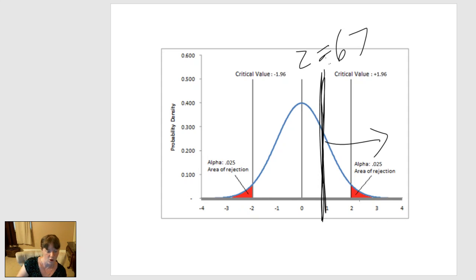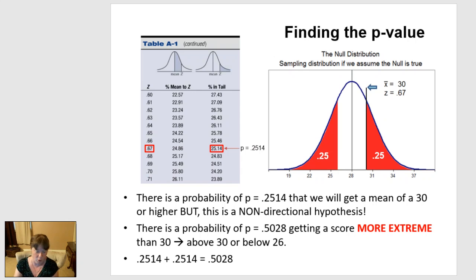Now, we can also use the z-table to calculate p-values if we want. And we just work backwards. Here, you would find your z-statistic, which again was 0.67, on the z-table, and then you find the percent in tail. And here I see that the percent in tail is 25.14 for the z-statistic of 0.67.